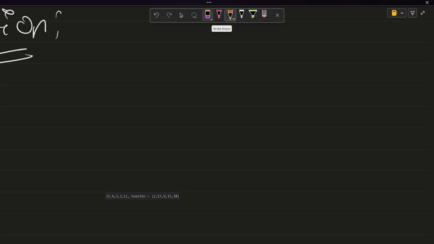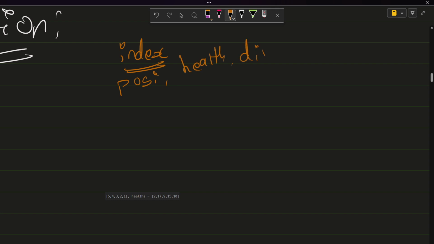There is also one more thing here. Along with the index, we are going to consider its position, its health, and its direction. And we have to sort it on the basis of position initially. So there are mainly two ways possible.